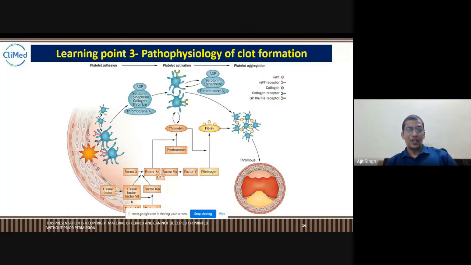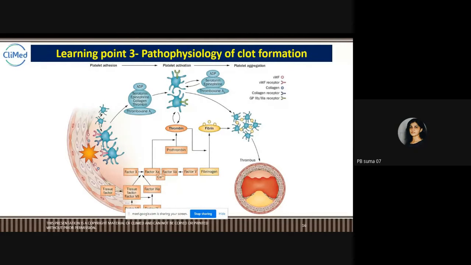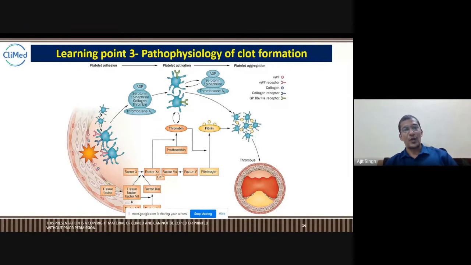On the other side, tissue factor has started releasing from the injury site. This tissue factor will convert factor 7. Factor 7 is in your blood. Blood is full of clot formation particles. This is the extrinsic pathway. Both intrinsic and extrinsic clotting pathways are activated here.